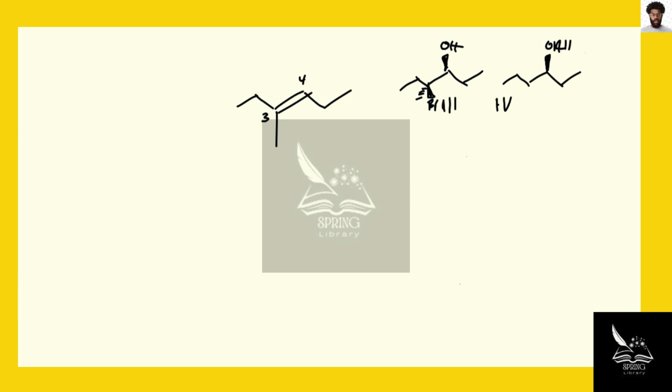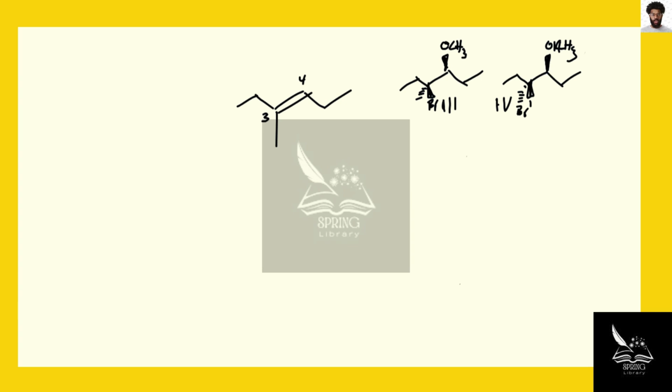Sorry, this is OCH3, not OH. Nevertheless, because it's an anti-addition, not a syn addition, 4 is still not good because we see the methoxide has been added to carbon 4.